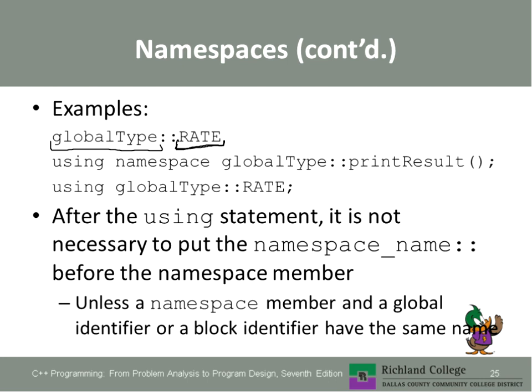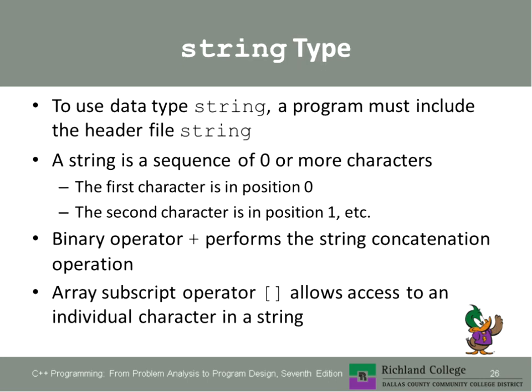You don't want to mess with somebody else's code; you want to fix your identifier. If you really want to use rate, don't go into other people's source code and change theirs. Pick something else. If you like rate as an identifier, maybe call it my rate, just to make it unique.